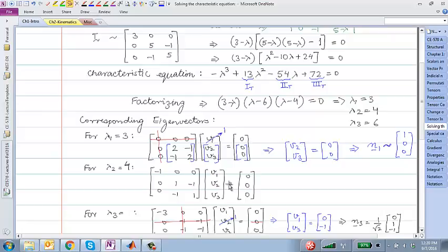So just to get a unique solution, I'll pick one of the components to be 1. When I do that, you have to be careful. Let me ask you this. If I take this V1 again to be 1, and if I cross out the first row and the first column here, the remaining matrix 1, -1, -1, 1, what is the determinant of this 2 cross 2 submatrix? 0.